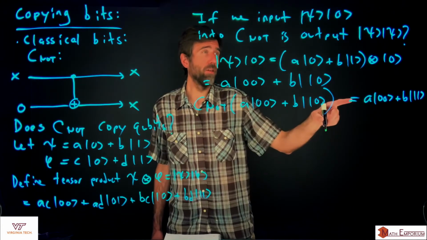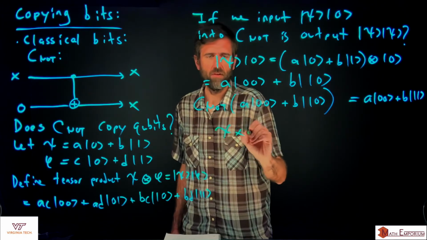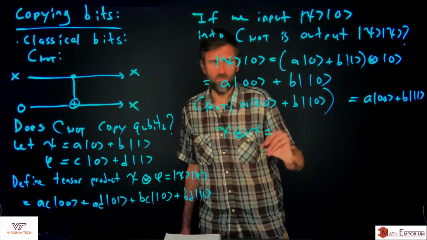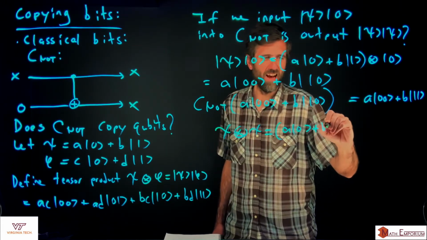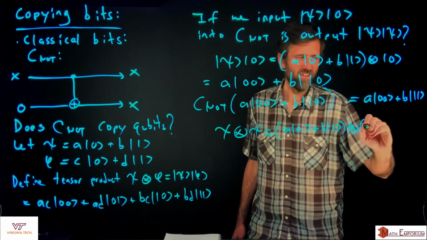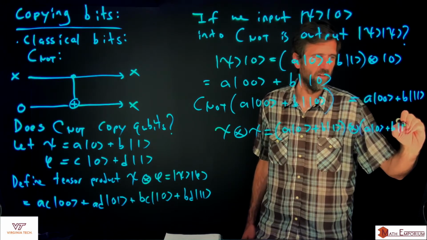Now the question is, is that the same thing as psi tensored with itself? It should be pretty clear to see that it's not, because I'm going to get some of these cross terms when I do this.